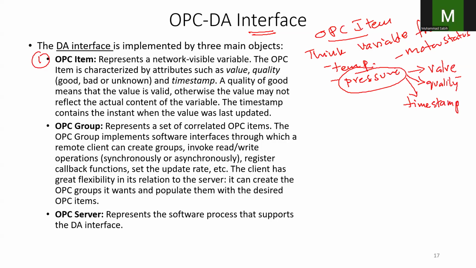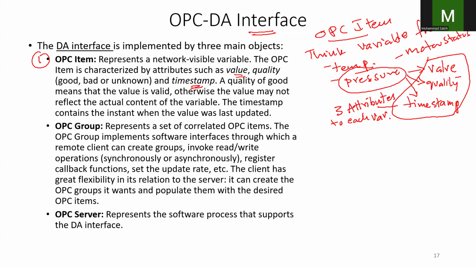The quality tells us whether the value is valid and reliable, and the timestamp shows when it was last updated.